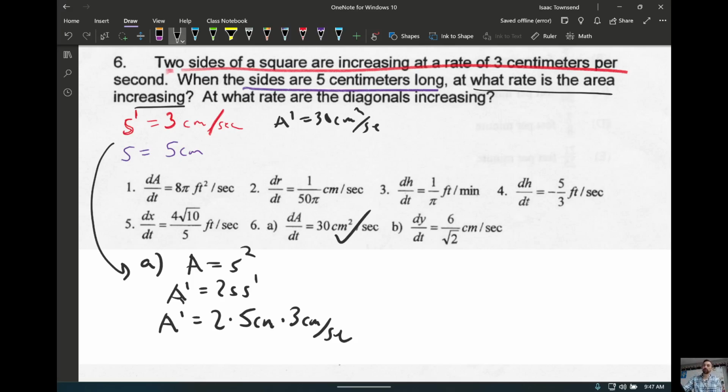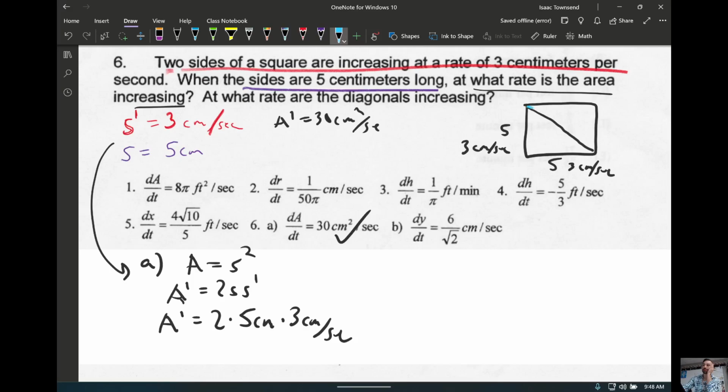All right, second part, at what rate are the diagonals increasing? So it's a square. This diagonal and this diagonal are the same size, so they would be increasing at the same rate. So I guess we're still using this same information here. The length is 5 and the rate is 3 for both of those.